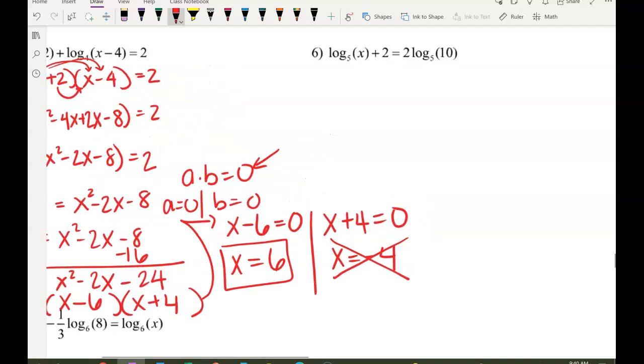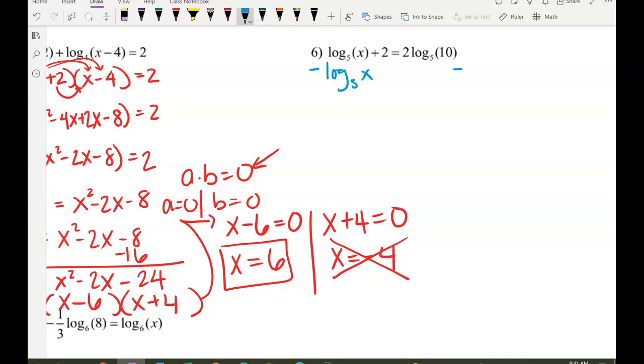For us to move all of the logs to one side, we will subtract as normal. So this one is now 2 equals 2 times log base 5 of 10 minus log base 5 of x. So now the logs are on one side.